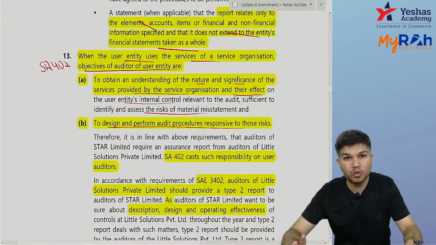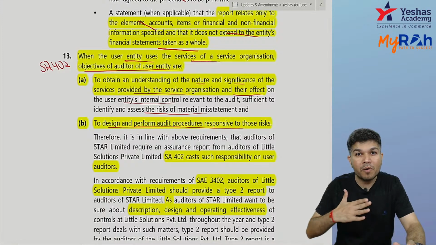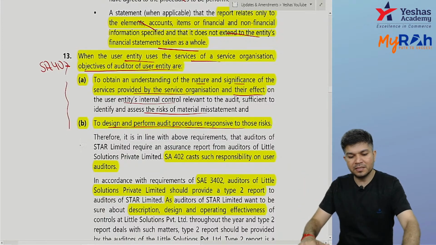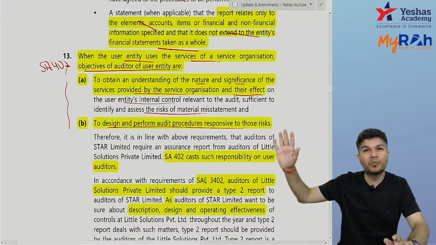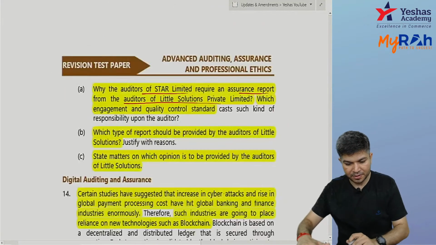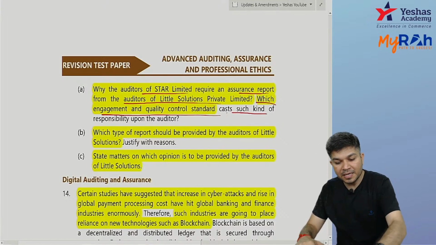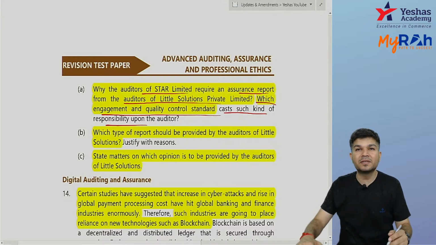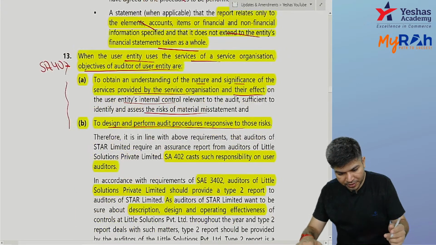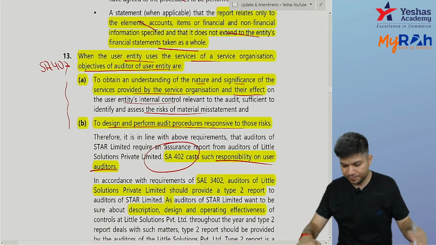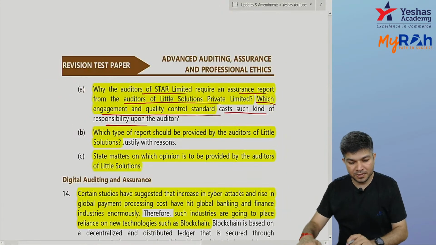The SA 402 objective of the user entity's auditor, that you are writing. This is the reason why I need an assurance report from their auditor. Theek hai. Now, which engagement standard casts such a kind of responsibility? SA 402. SA 402 is casting such a responsibility.